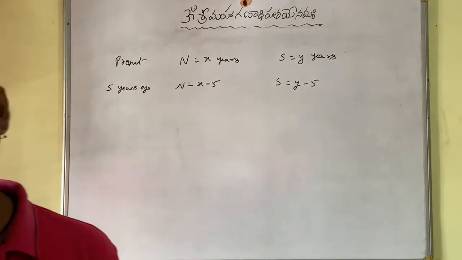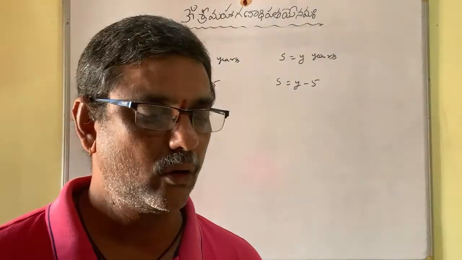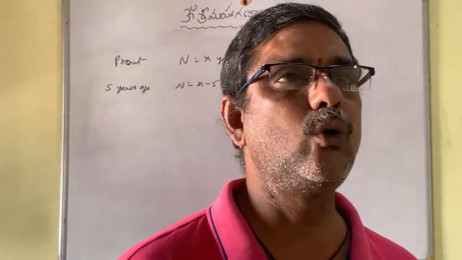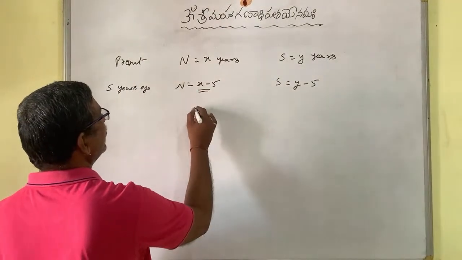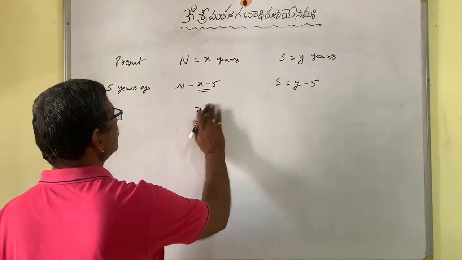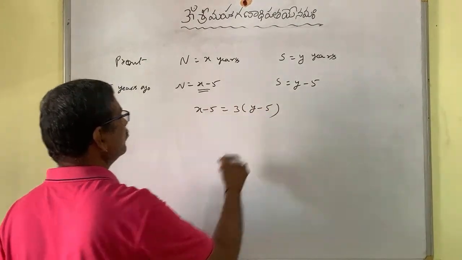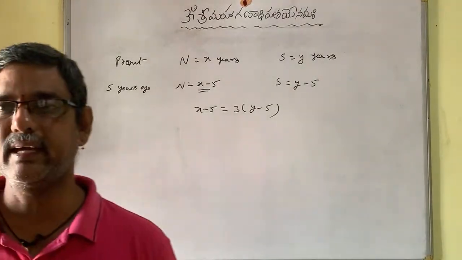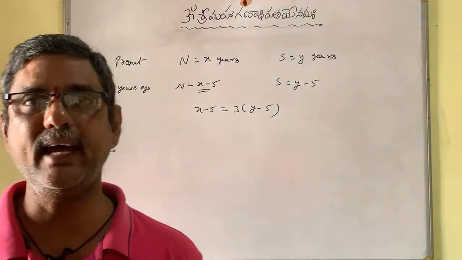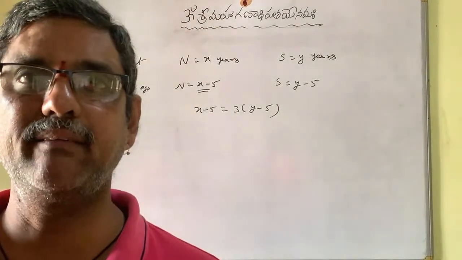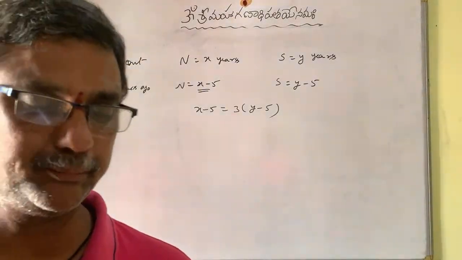And what is it saying? 5 years ago, Noori was thrice as old as Sonu. So X minus 5 is equal to 3 into Y minus 5.